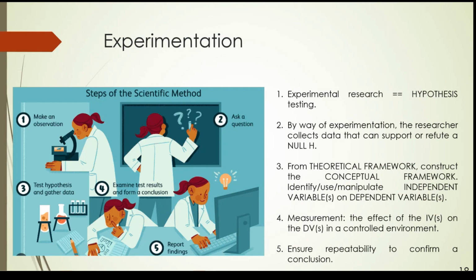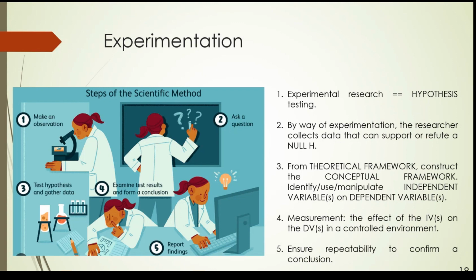So experimental research is about hypothesis testing. What are the steps? Number one, come up with a hypothesis. A hypothesis requires you to come up with a conceptual framework.